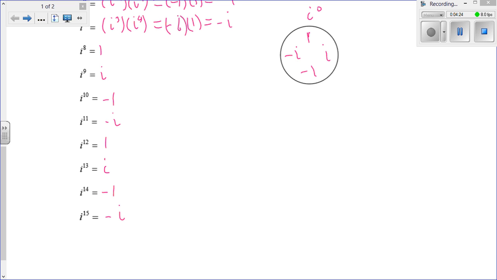It starts with i to the 0, i to the first, i to the second, i to the third. So I can verify what I have here. i to the 8th is 0, 1, 2, 3, 4, 5, 6, 7, 8. I end up right here. Therefore, it is equal to 1.